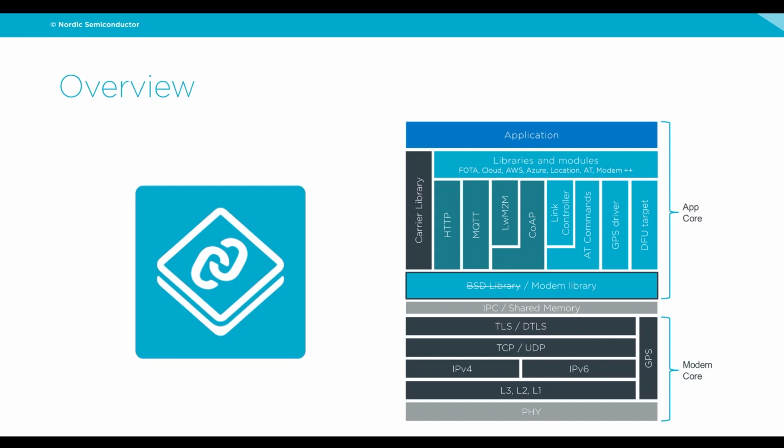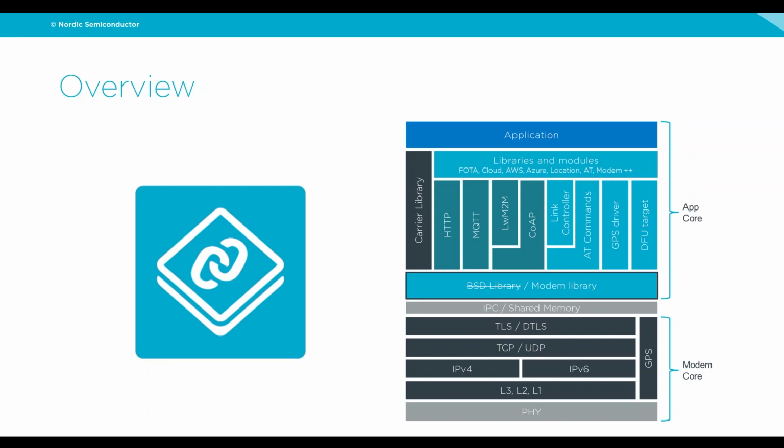It is a link controller library that makes it easier to handle the LTE link. It has an AT command library that makes dealing with the modem easier. It has drivers for GPS and also drivers for doing firmware updates.